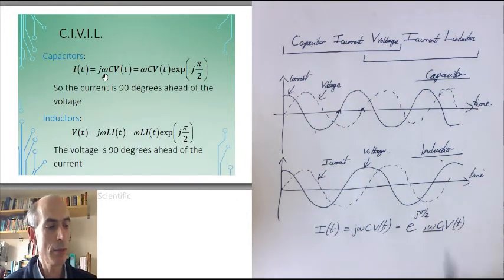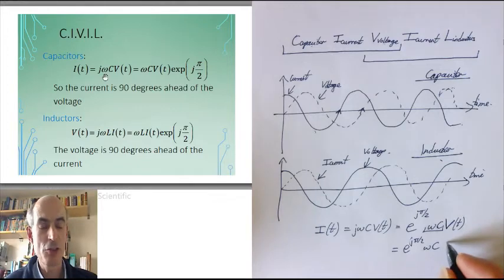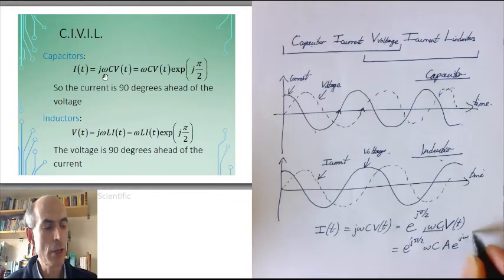So, if my voltage was, for example, a sinusoid, so A times e to the j omega t, then the current would end up being omega C times A e to the j omega t plus pi over 2.